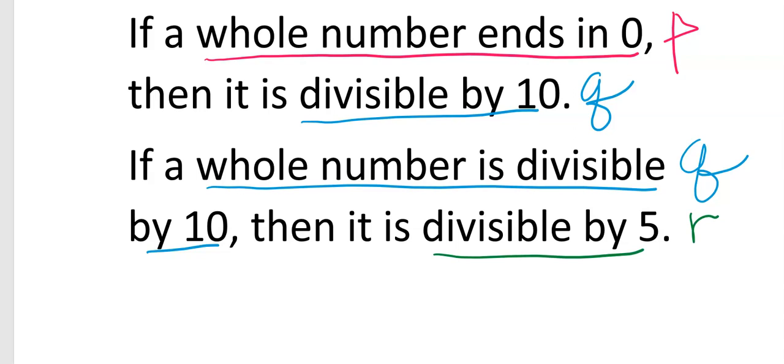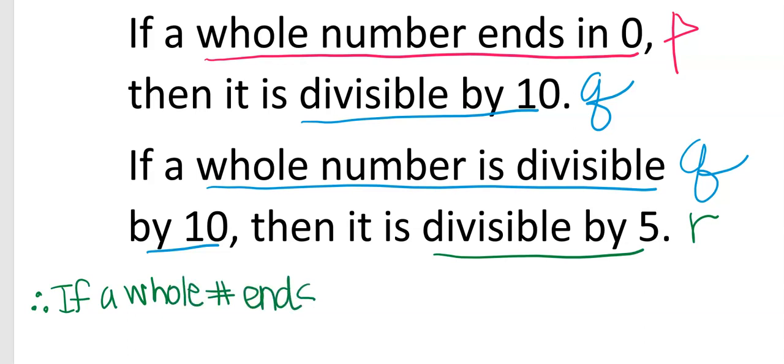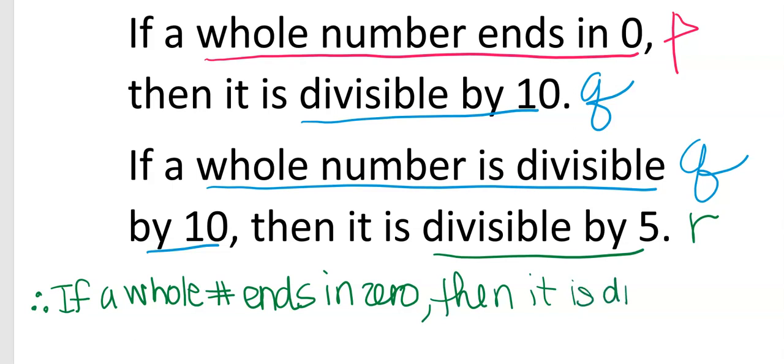So we're going to say if a whole number ends in 0, I don't count it wrong if you don't have the little therefore, by the way. If a whole number ends in 0, then it is divisible by 5.